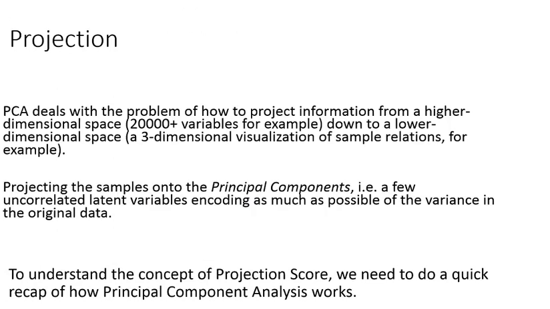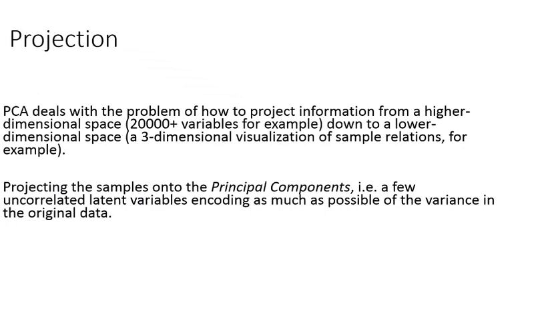Principal component analysis deals with the problem of how to project information from a high-dimensional space, for example, 20,000 something variables or even more, down to a lower dimensional space, in this case, a three-dimensional space where you can visualize the sample relations.